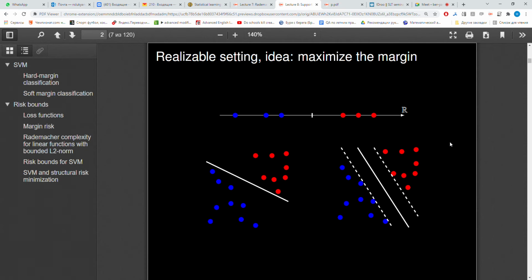Of course, the best way means that we want to find the best margin, which divides with the highest distance the space of positive ones and negative ones.